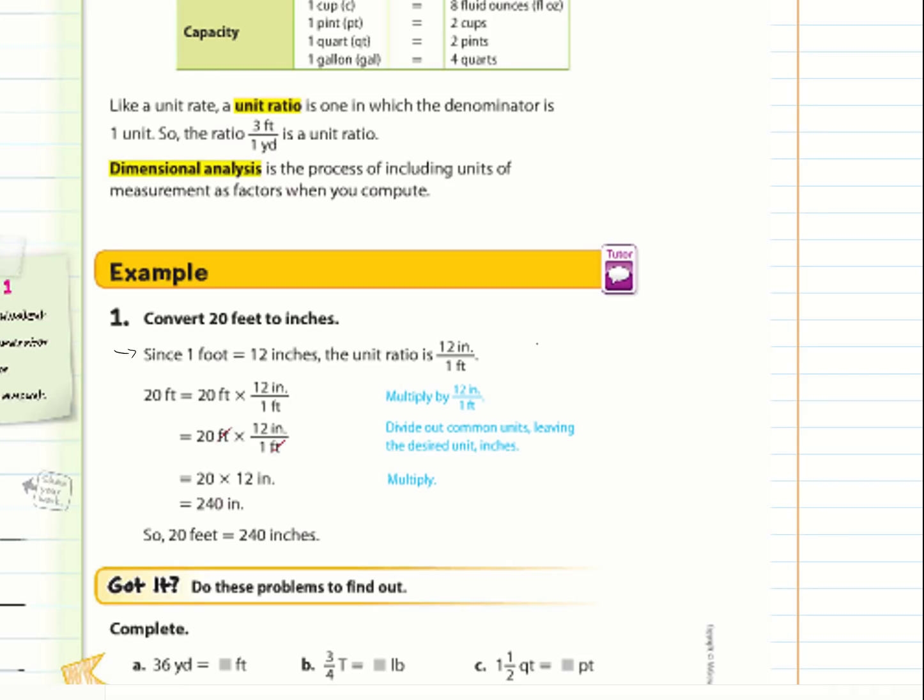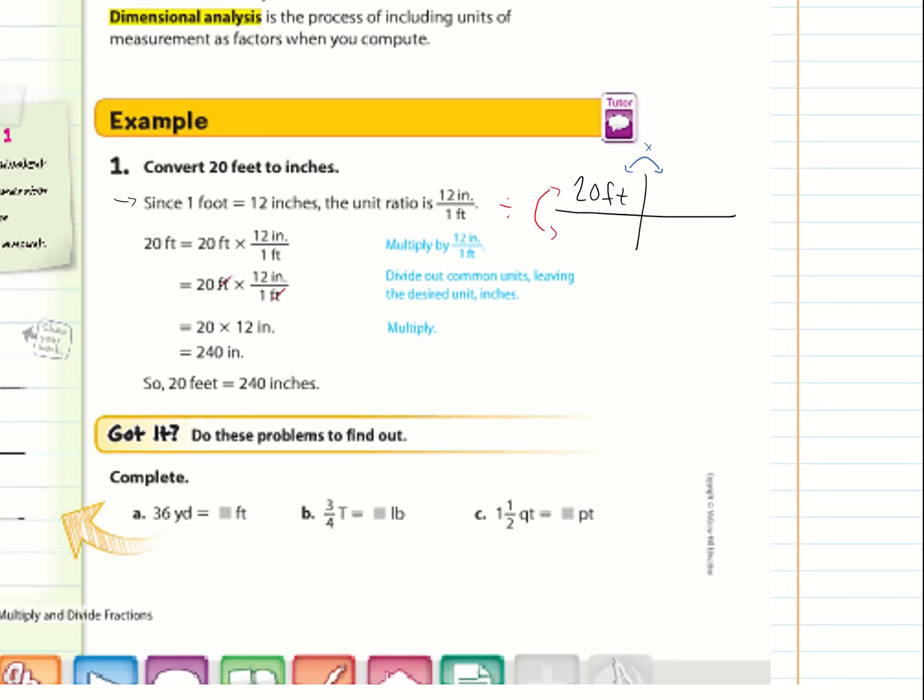Now this is what I do, I create a table. So we have 20 feet. When you go across, you multiply, but when you go up and down, you divide. This is the method I like using. You don't have to use this method if this doesn't make sense to you.